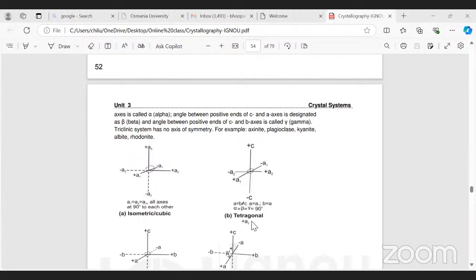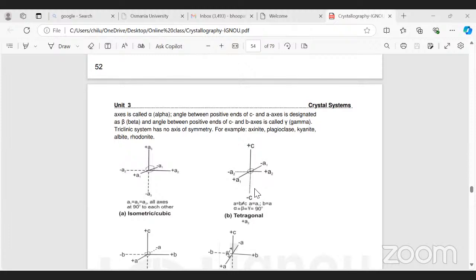And the second one is the tetragonal. Here, two out of three crystallographic axes, for example, A and B, have equal length, but the C axis is not equal to these two.